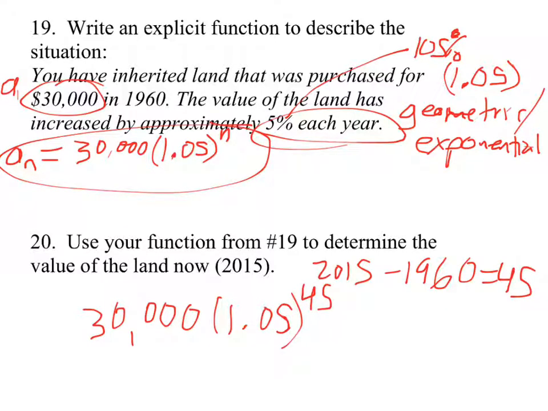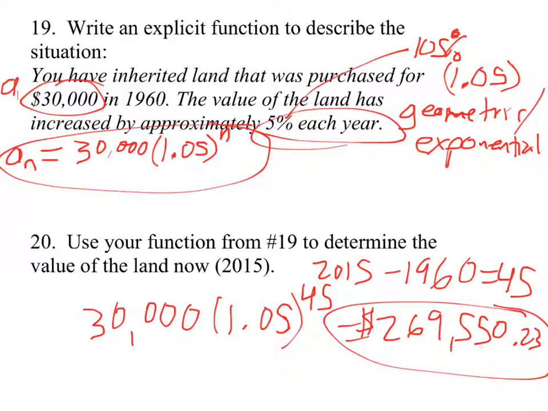Either way, you'll get 45 for the exponent, and if you do 1.05 to the 45th power, and then you times by the 30,000, you'll get $269,550.23, which is a lot of money, which is kind of what you expect with a 5% increase each year for 45 years, which is a really long time. And there's our solutions.